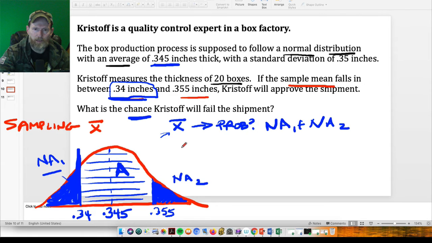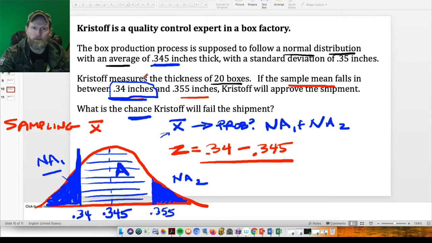Well, to determine that, again, we need a z-score. The z-score is not the probability, but the z-score will help us find the probability. So we're going to find the z-score, and we're going to use 0.34 for that value of X bar, minus 0.345.